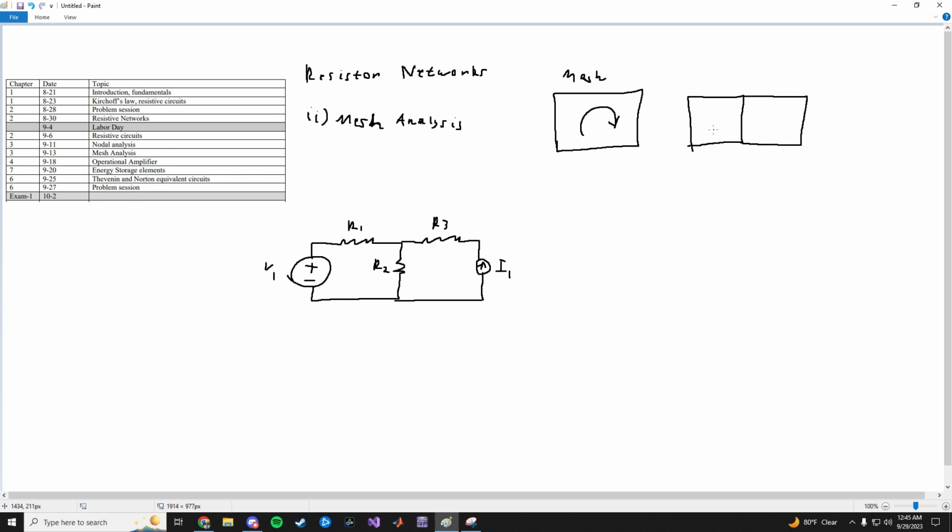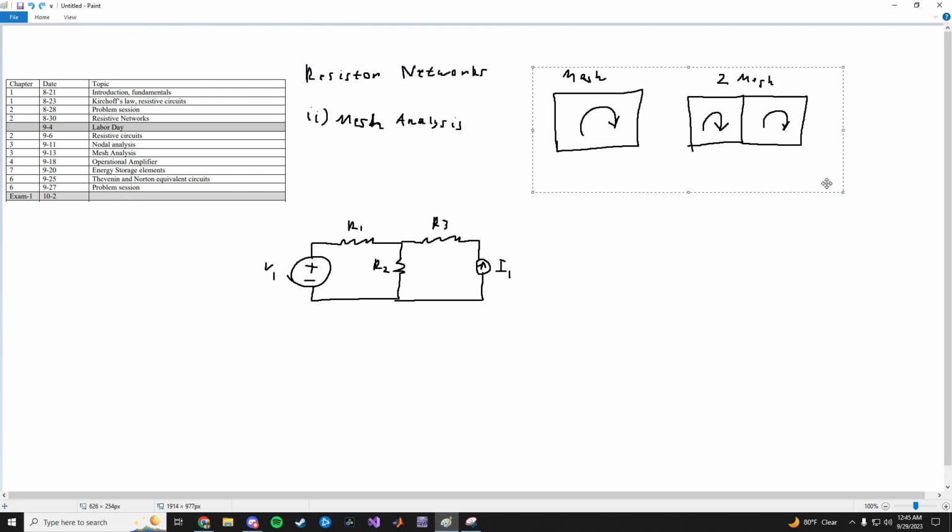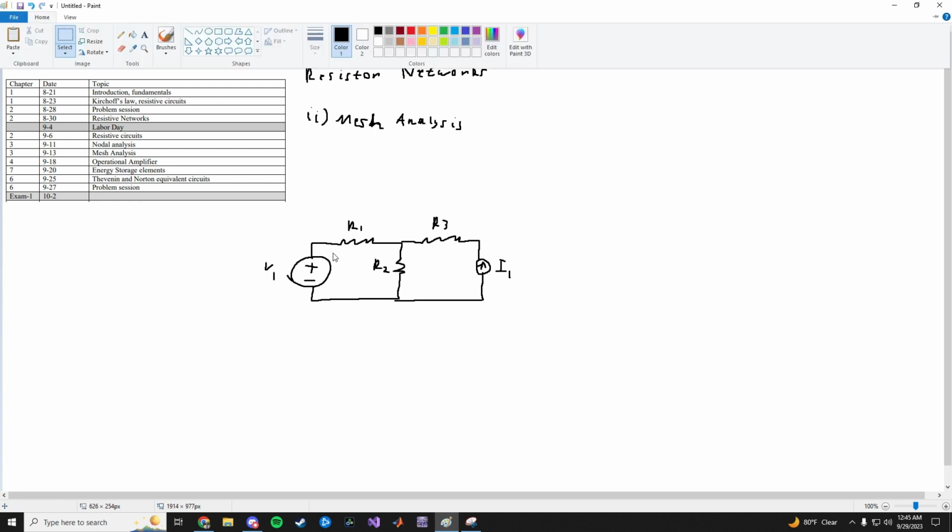So this would be 2 meshes, but if you drew a loop like this, well, that's not a mesh current. A mesh current has to be within one singular branch like this. So this is 2 meshes. Although you can draw one whole loop for this one, that's not how you do the mesh analysis. So with mesh analysis, you only draw branch currents over one mesh.